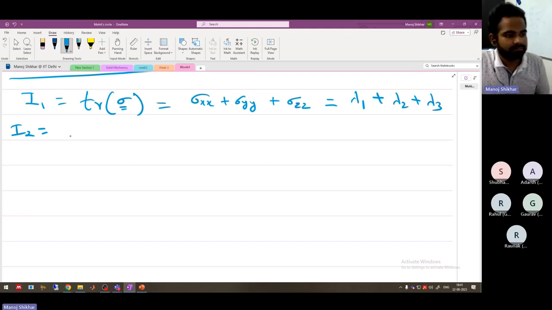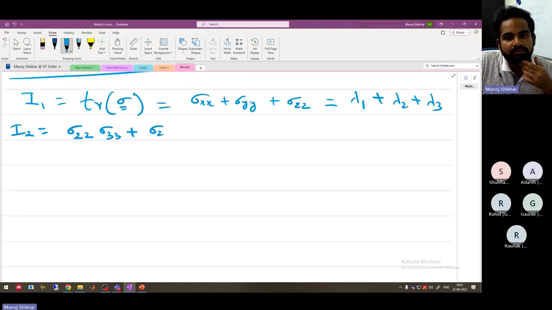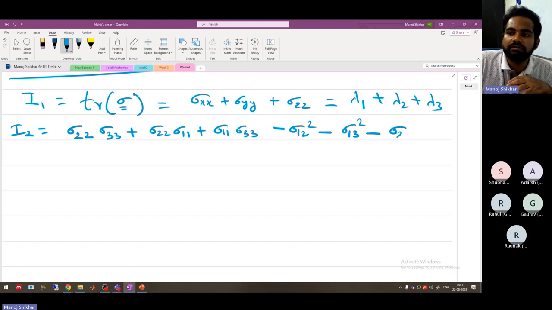This can be written as, let me refer to the formula. So I2 is sigma 22 sigma 33 plus sigma 22 sigma 11 plus sigma 11 sigma 33, minus the shear components: sigma 12 square, sigma 13 square, sigma 23 square.